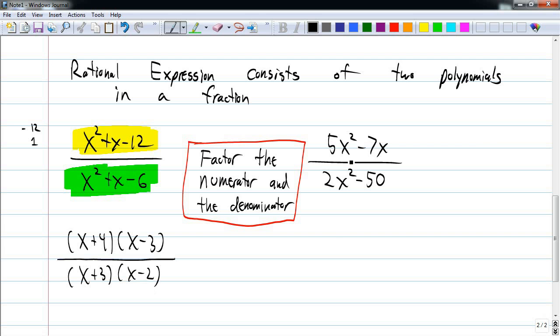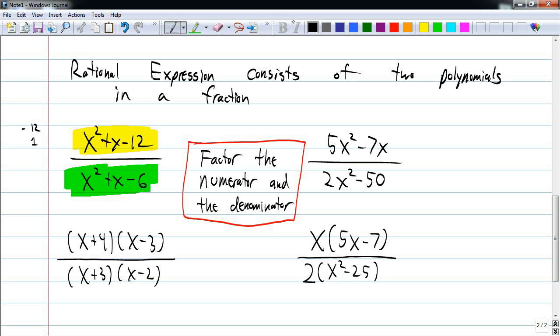Okay? So taking a look at this second example in the numerator, I have a GCF of x, so I can factor that out. In the denominator, I have a GCF of 2. I can factor that out.